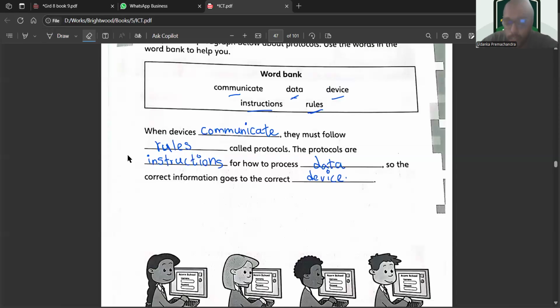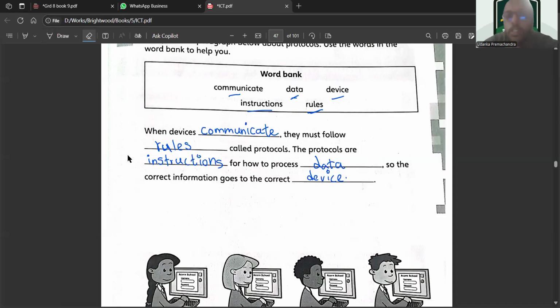The protocols are instructions for how to process data, so the correct information goes to the correct device. That's called a protocol.